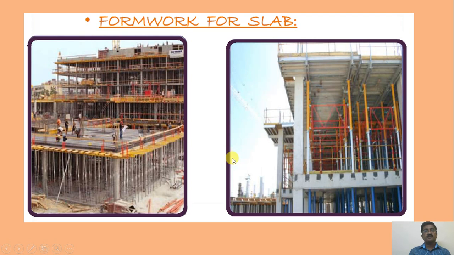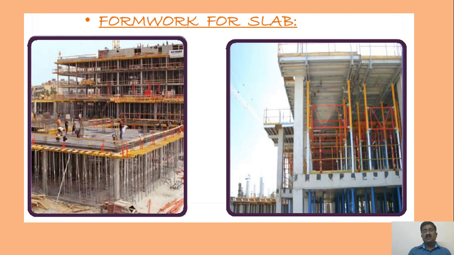This particular figure shows formwork which is used for the slabs. These vertical parts are called props or posts. This can be of timber or of steel. In the timber, you have to adjust the height of that particular prop by using various wedges.